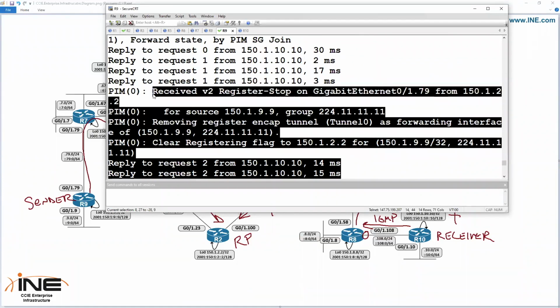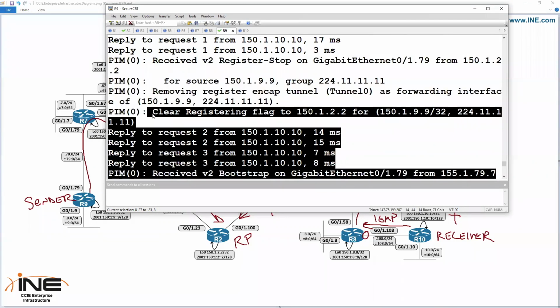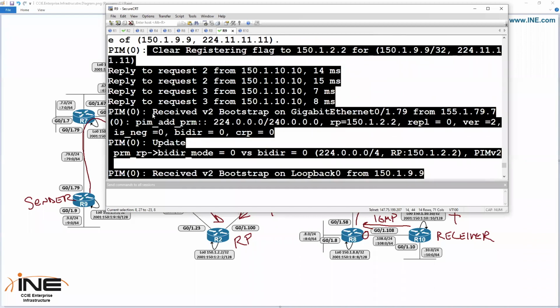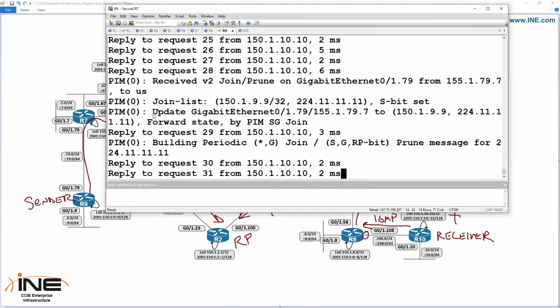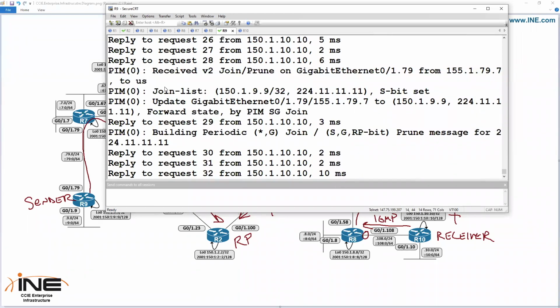Okay, we received register stop on gig 0/1.79 from 150.1.2.2. Okay, so router 2 accepted the registration, and we're now clearing the register flag. So we're saying we can now forward the traffic to the rendezvous point because we received a join message that is actually building the tree.